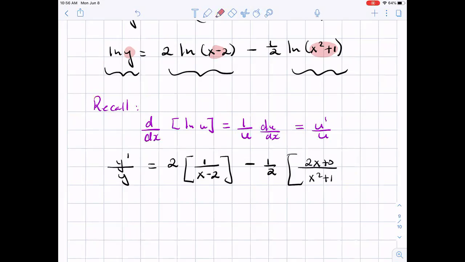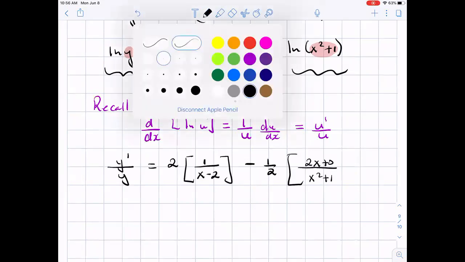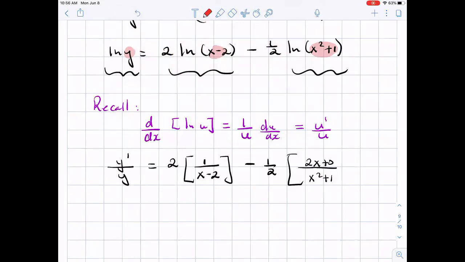So what is my u? This is my u, this is my u, and this is my u. And the derivative of y with respect to x is just y prime.